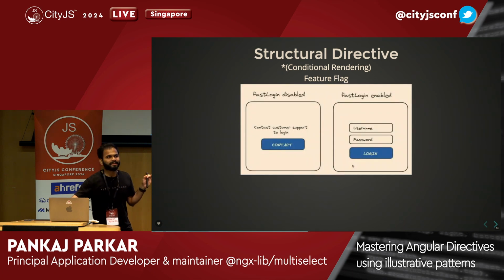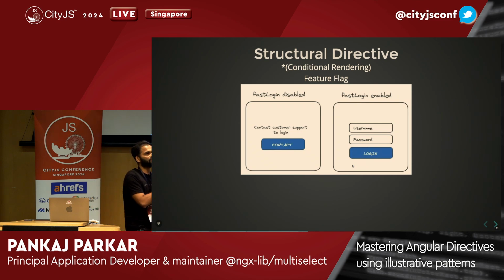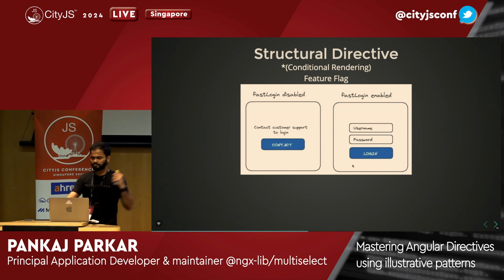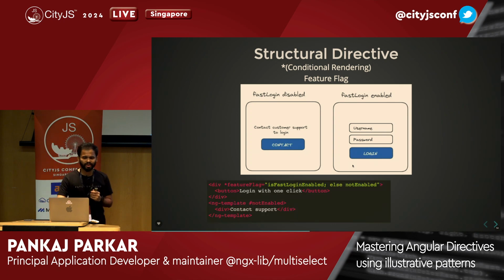Basically, we control these feature flags in a database or using some other platform, and we roll out a feature for a certain number of people. It could be that when the feature is enabled, you see the left hand side, otherwise you see the right hand side. How it is handled in code is, maybe in this case you need a feature flag directive.